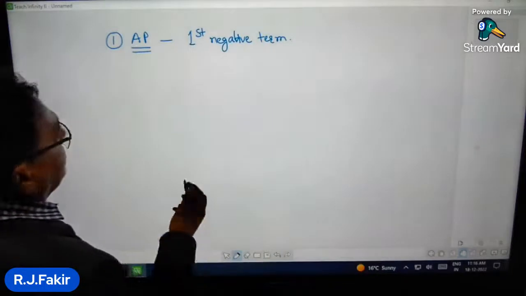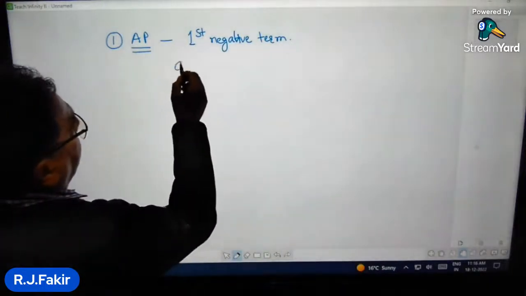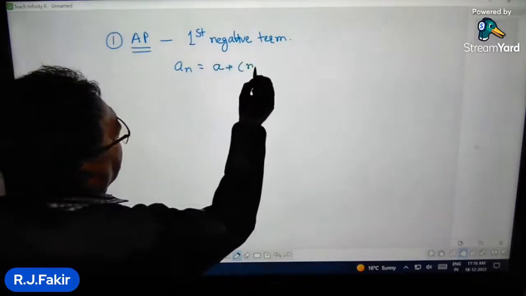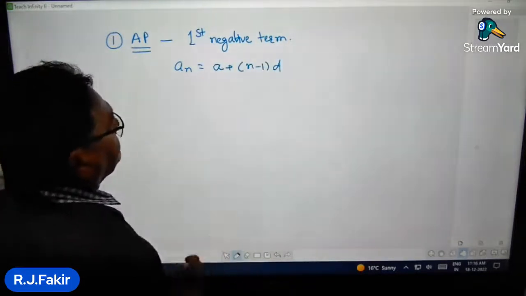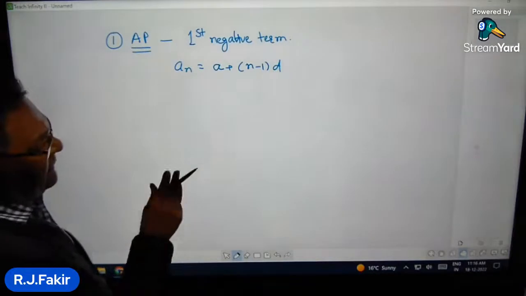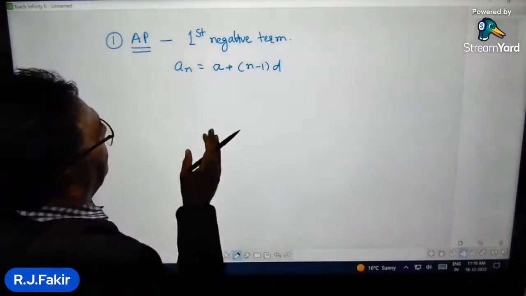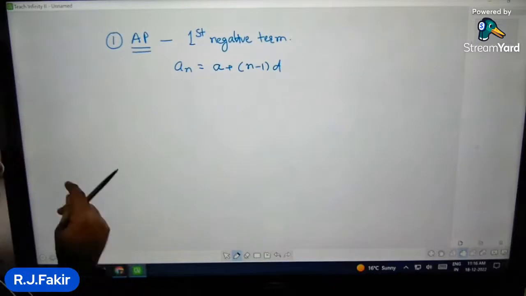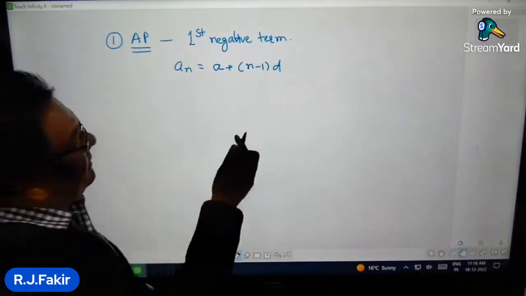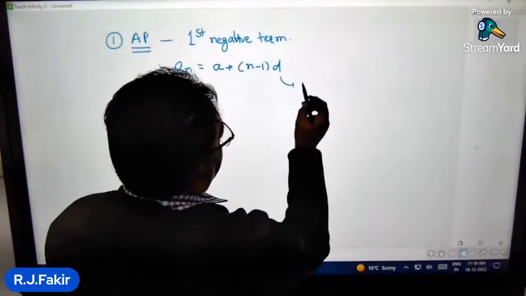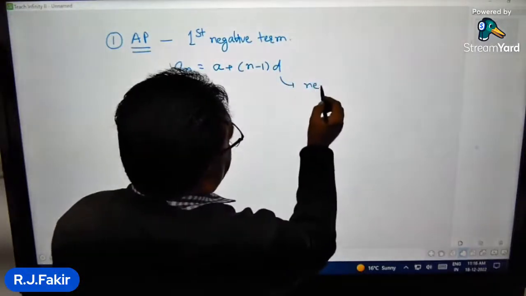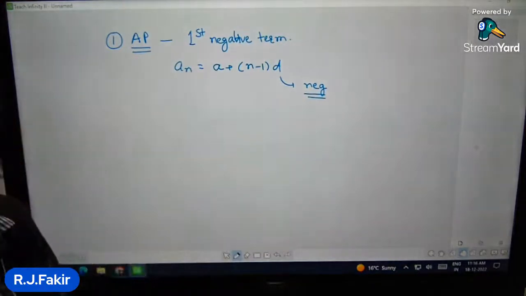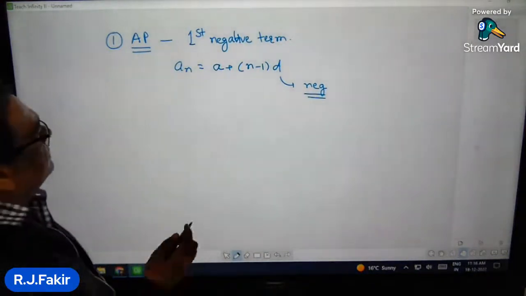So we know that formula. An is given by a plus (n minus 1) into d. And generally whatever APs you get for such kind of questions, you will find that they will be having this common difference negative. They generally have the value of d as negative. So what easily you can do?